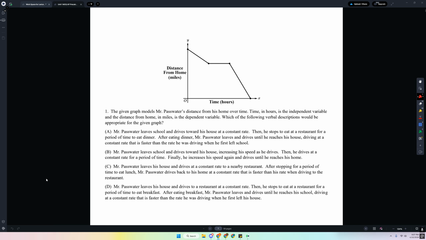There's not much math in this question. This is a context question, 1.1.